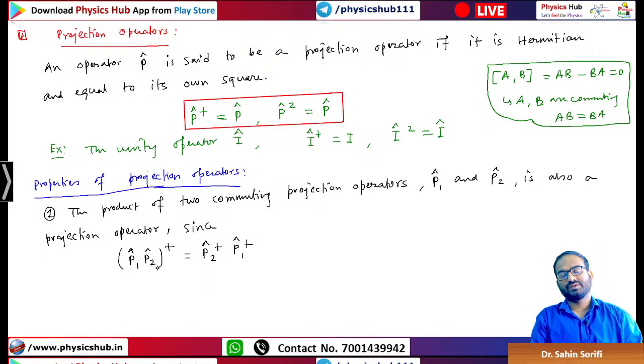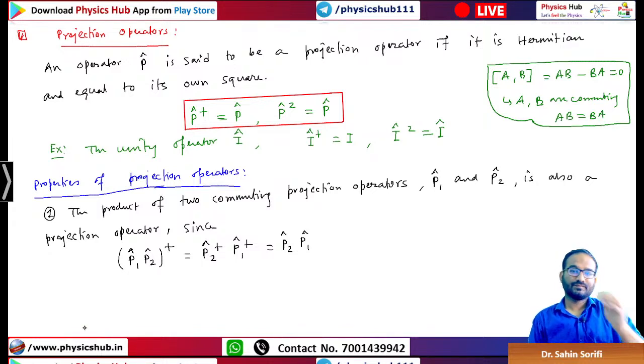The order is important. For a product it will be applied from the right, not from the left. So P2 dagger is P2, P1 dagger is P1, because P1 and P2 themselves are projection operators, so they must be Hermitian. So this is the first criterion we have checked.